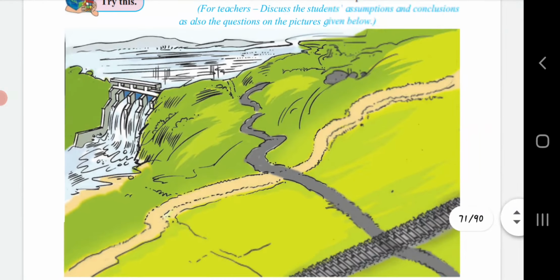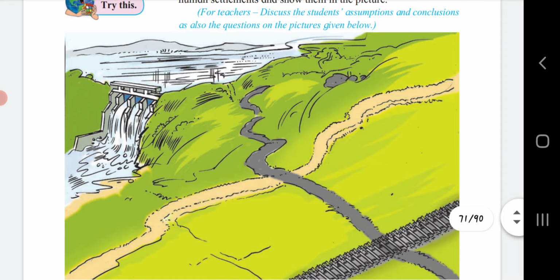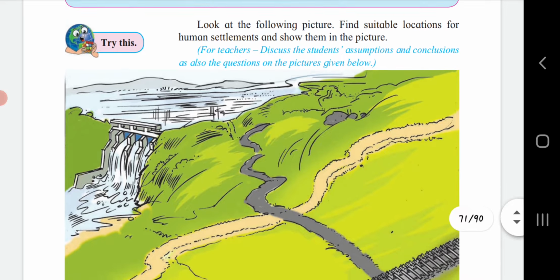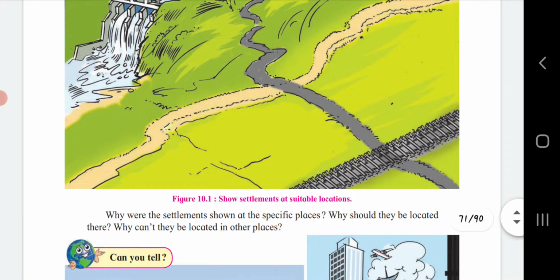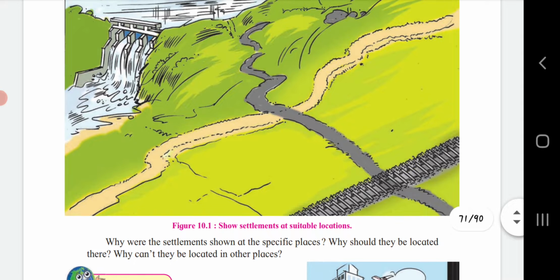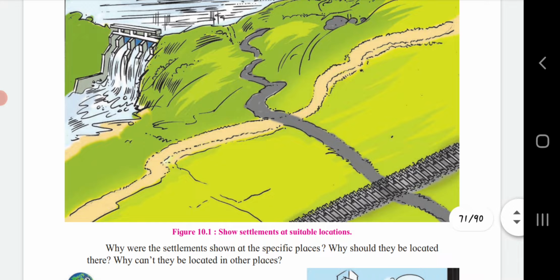Here you can see a picture is given where the human settlements can be. Find out a place. Why were the settlements shown at the specific places? Why should they be located there? Why can't they be located in other places?